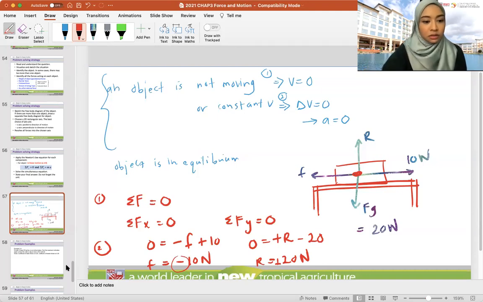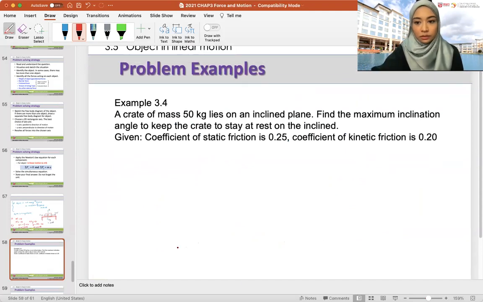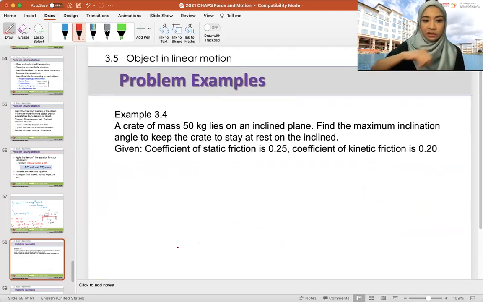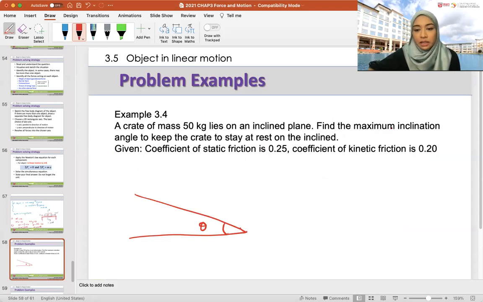Now, moving on to our next example. This one. A crate of mass 50 kilogram lies on an inclined plane. So inclined plane, this is how the inclined plane should look like. So we have an angle. Find the maximum inclination. So it's asking, what's the angle here, to keep the crate at rest, v equals to 0, on the incline.